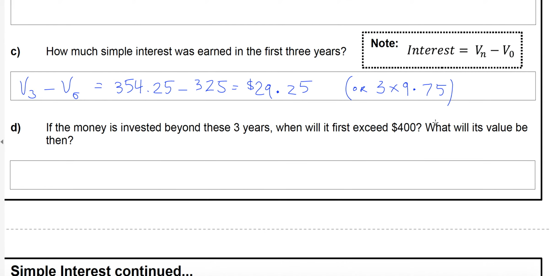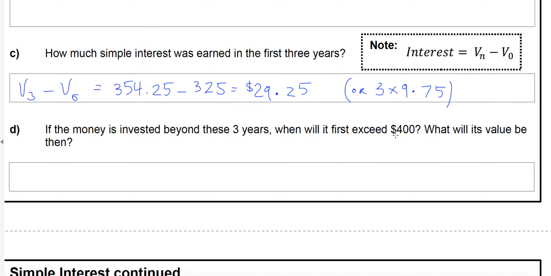This one here, if the money is invested beyond these 3 years, when will it first exceed $400 and what will its value be? So what we could do here is we could use our calculator. We could set up a sequence. So you could put in 325 and press enter, then plus 9.75, enter, and keep pressing enter until it does first exceed $400.